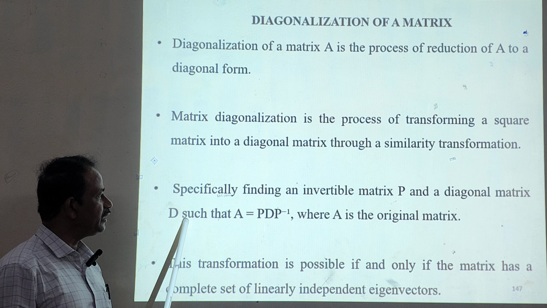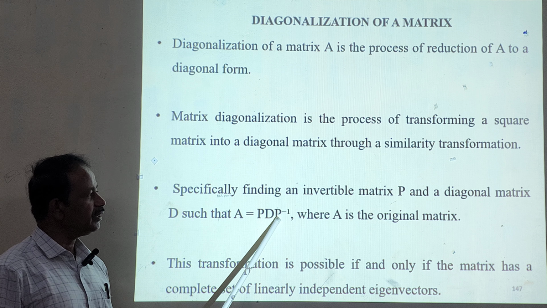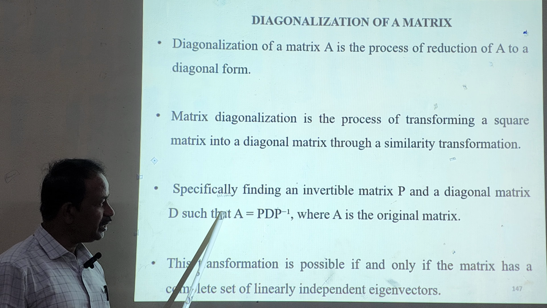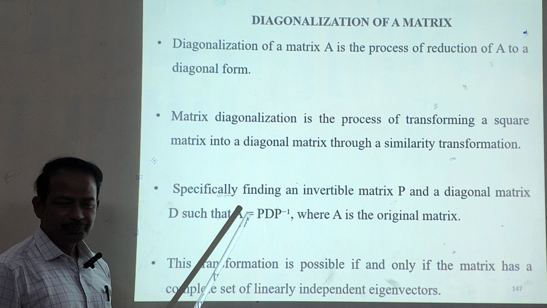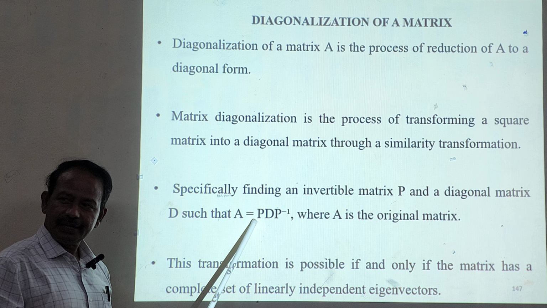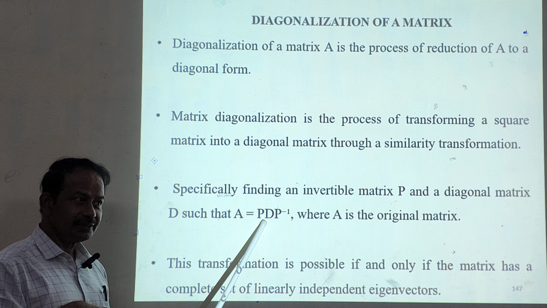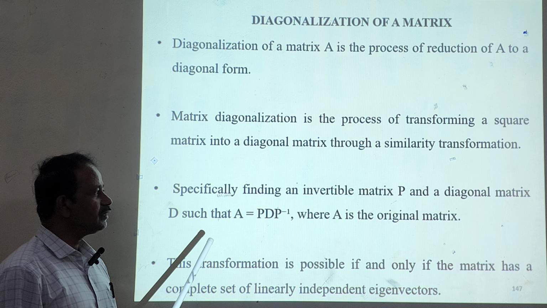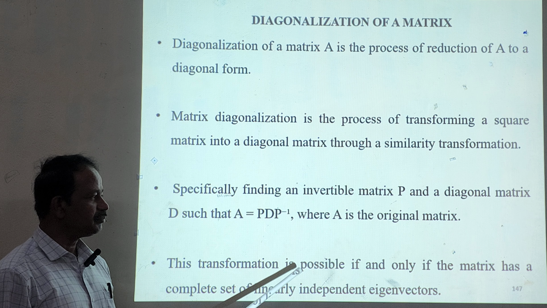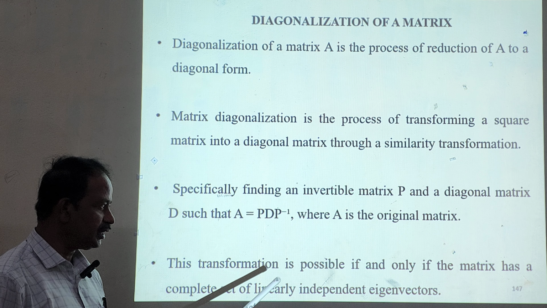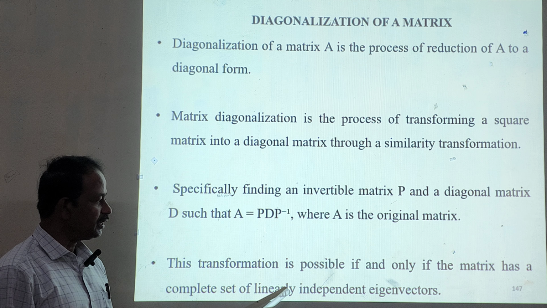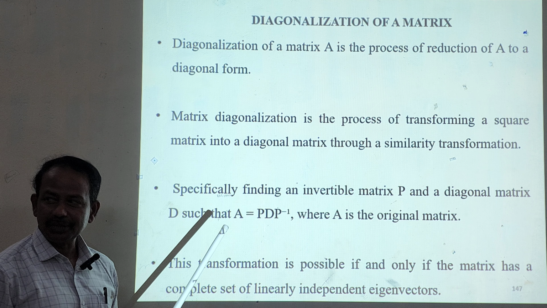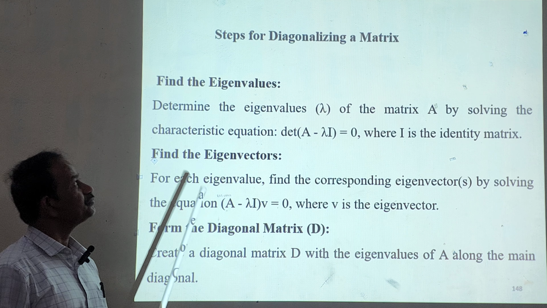And a diagonal matrix D such that A equals P D P inverse, or otherwise you can say D equals P inverse A P. Where A is the original matrix. This transformation is possible if and only if the matrix has a complete set of linearly independent eigenvectors. So it must have linearly independent eigenvectors.